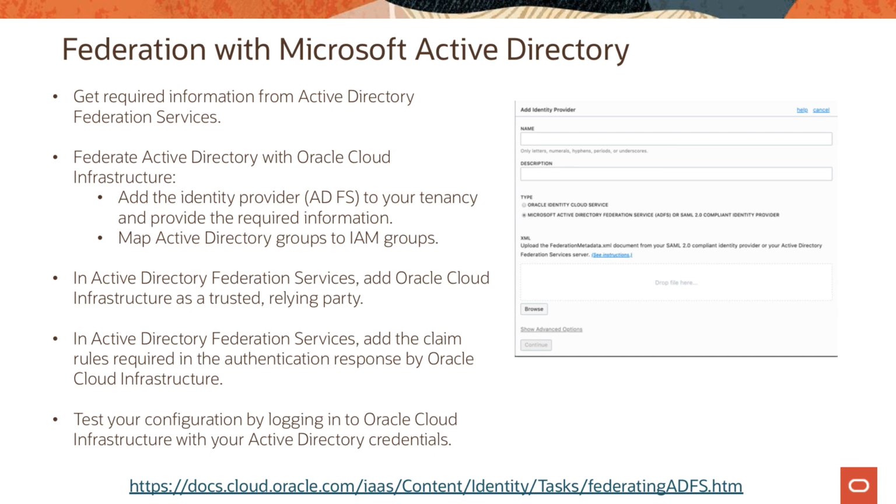And now let's look at federation with Microsoft Active Directory. Setting up this federated trust is a one-time thing done by an admin. The steps are quite similar to how an admin would set up this federated trust with any relying party or the service provider, which is OCI in this case.